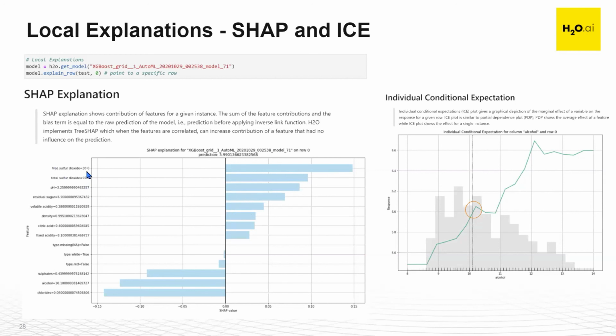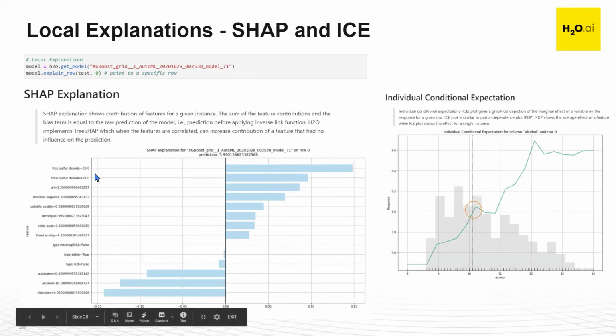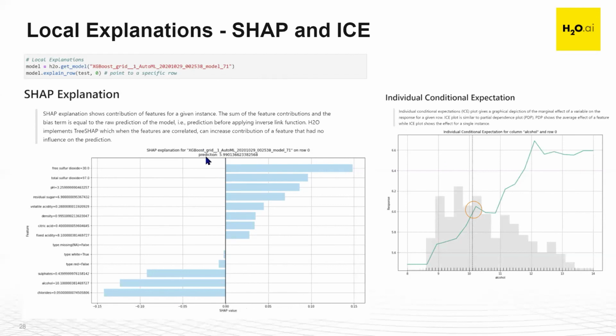So these are the actual values of the features in that example. Based on that, you can just sum up all the values here, plus the bias term, which is like a constant value. If you sum up everything here, you will get to the prediction here, which is about 5.9, about 6. So this is how we get to the explanation.